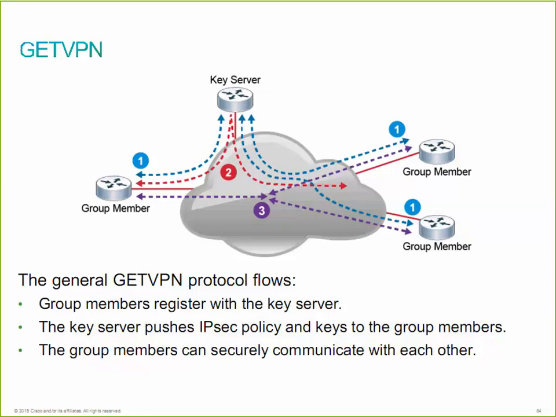The key server, the group controller, authenticates all of the different group members. So it's what actually performs the admission control to this GETVPN domain. It creates and supplies group authentication keys, security associations, etc. to the group members.